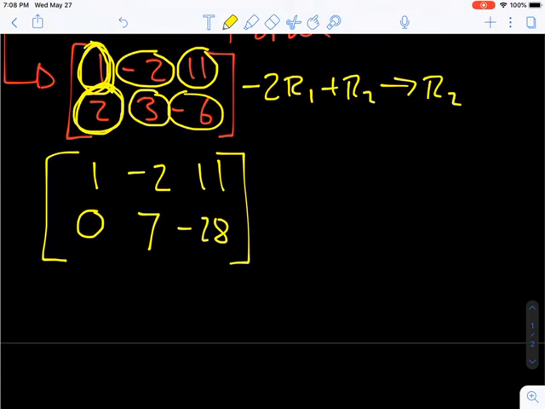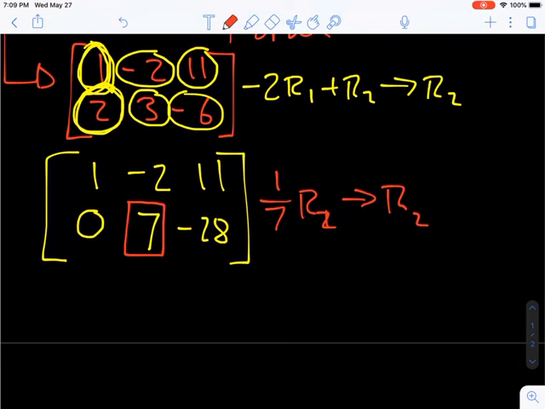Now we move to the second column. In the second column, we want to change this number now into a 1. Well, the easiest way to do that would simply be to multiply it by its reciprocal, 1/7. 1/7 times row 2 will replace row 2.